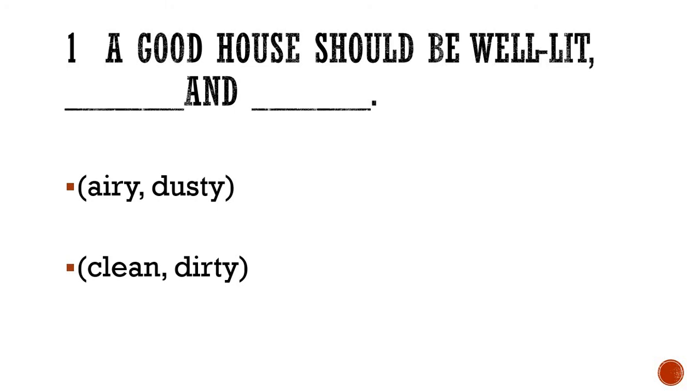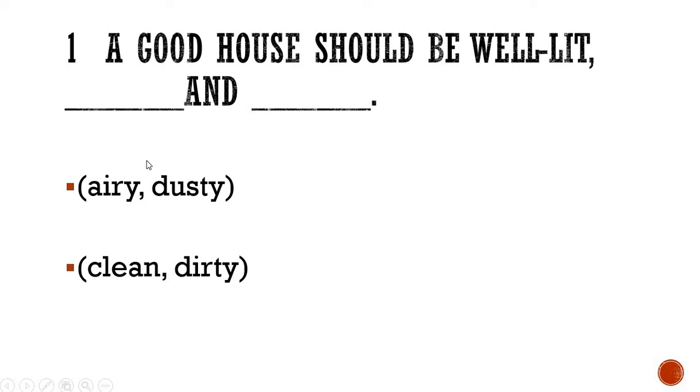These are the options. Obviously first bracket is for the first blank, second bracket is for the second blank. So a good house should be well lit, dash and dash.